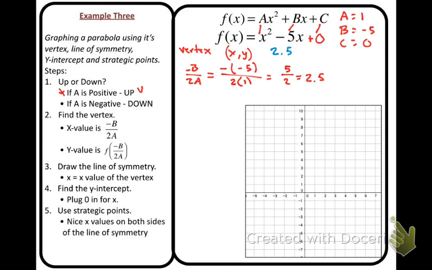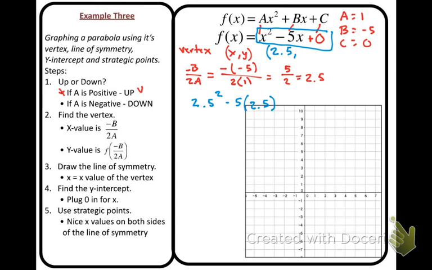So x is 2.5, comma, and now we got to find the y value of our vertex. And again, to find the y value, all we have to do is plug 2.5 in, and we're plugging it into here to see what we get. So we get 2.5 squared minus 5 times 2.5, and then plus 0 I'm not going to write because it's just going to be 0.